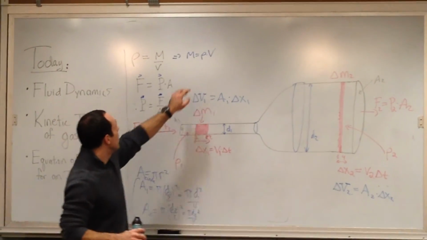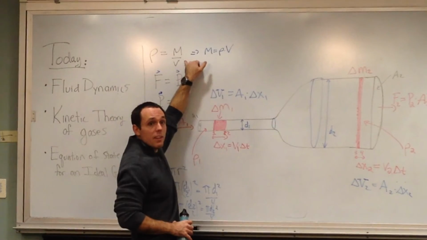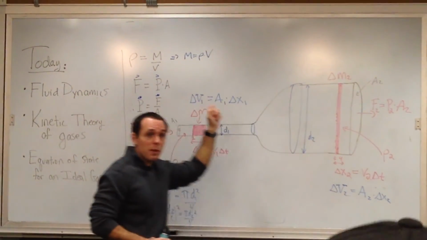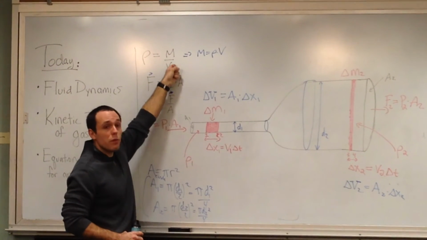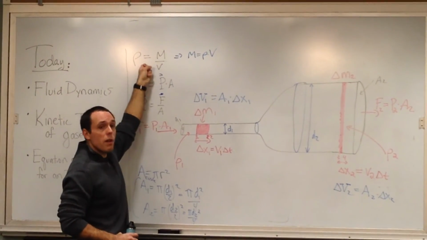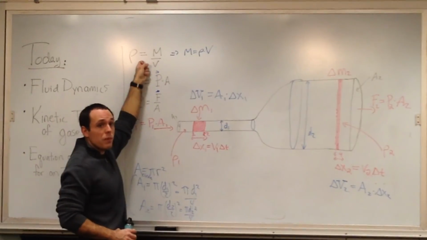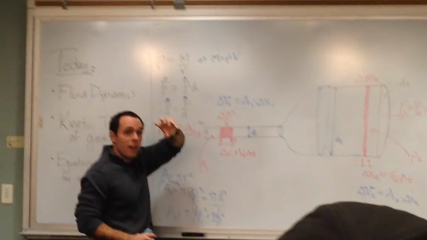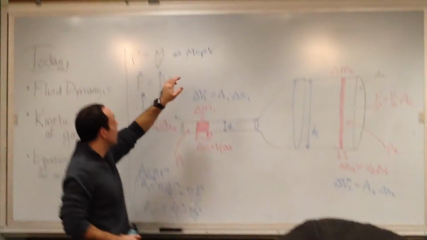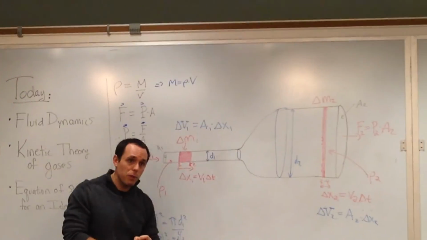Incompressible means it cannot be compressed, so for the same mass element, the volume it occupies, even if it changes shape, this three-dimensional volume, is the same for an incompressible fluid. If it's the same, then rho 1 equals rho 2. If it's different, like a gas which, with the same amount of mass, same number of molecules, can occupy different volumes, then V1 and V2 can be different, and thus rho 1 and rho 2 can be different.